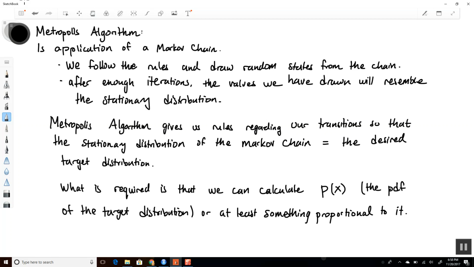So if we want the probability of theta given x, we can eliminate the denominator and just use the numerator, because we have something proportional to our target distribution. So this is great.